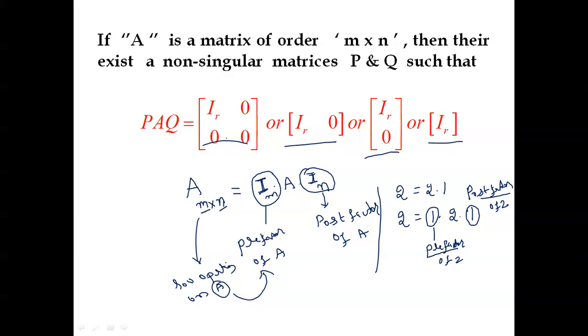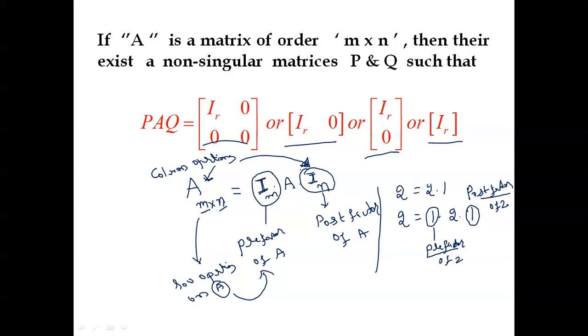Suppose we have to apply column operations on A. The same column operations are applied on the post factor of A, because the post factor is formed based on the columns of A, on the right hand side.